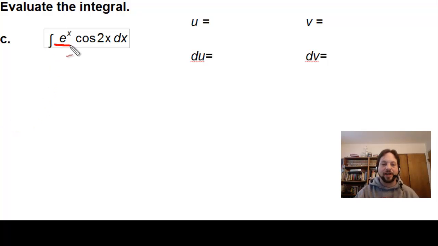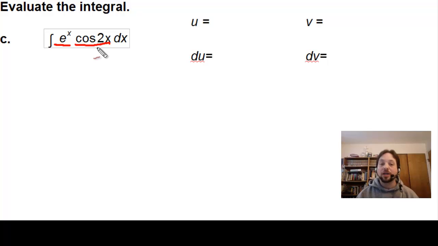If we take a look at our two factors, e to the x and cosine 2x, both of those are cyclical in nature. e to the x, if we keep differentiating, will remain at e to the x. And cosine 2x, if we keep differentiating, will keep alternating back and forth between cosine and sine, without loss of generality, of course.